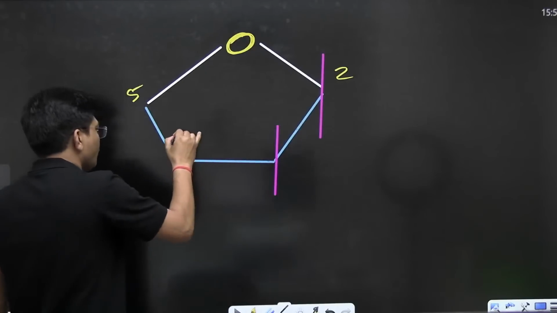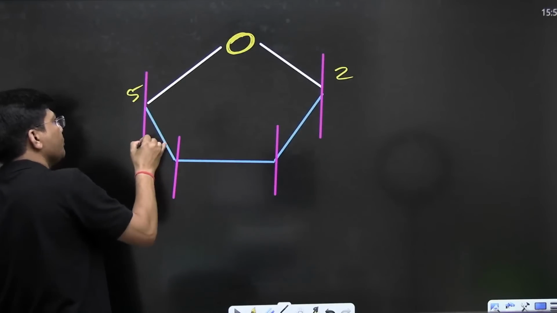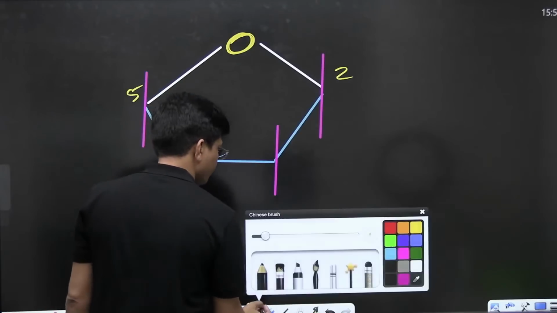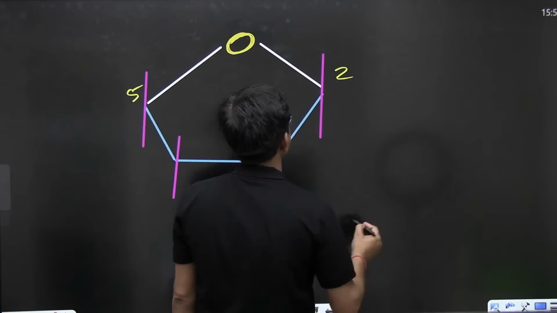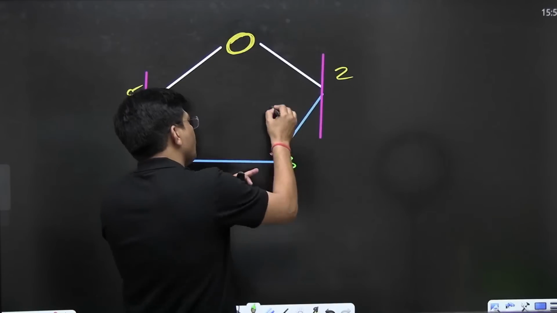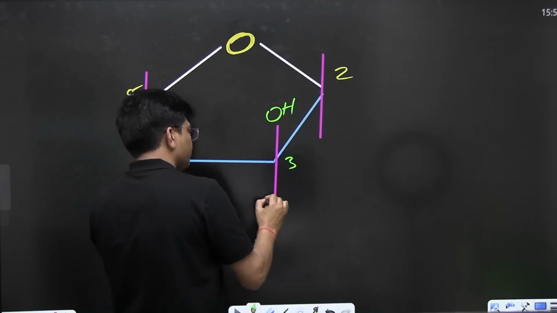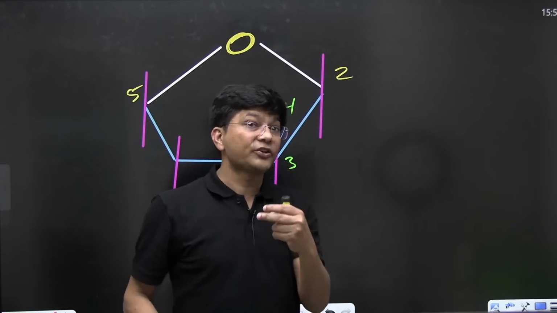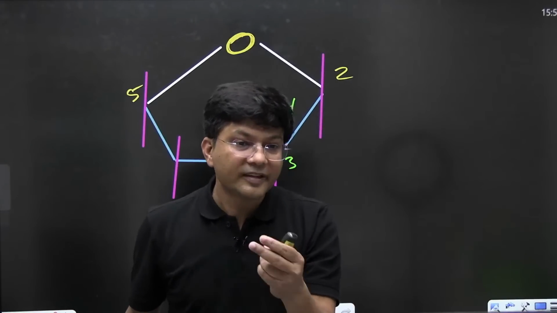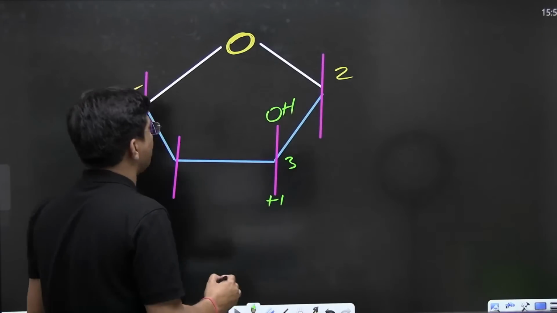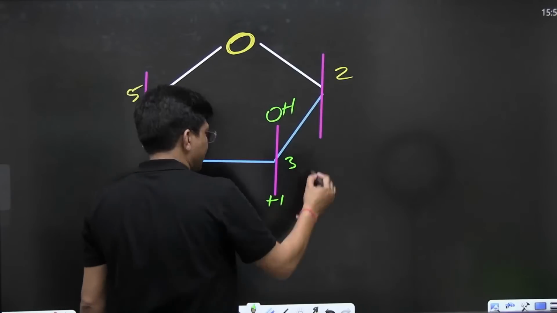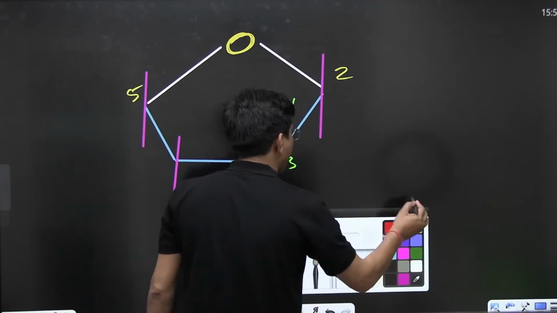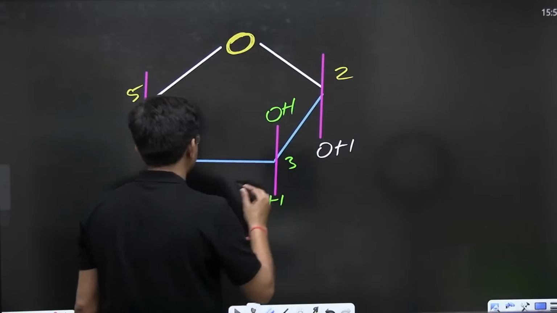And we have to remember one more point, the most important point. The second carbon OH was on the top. When the second carbon's OH is on the top, the rest of the OH will lie on the opposite side. They have to lie on the opposite side.